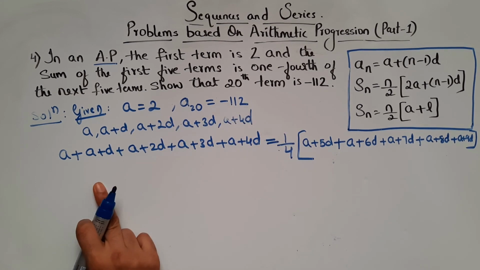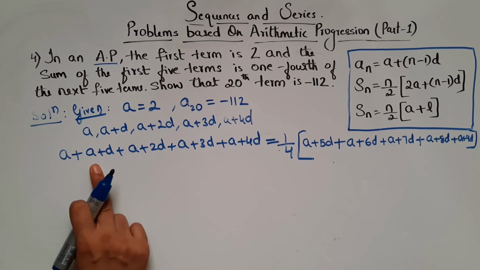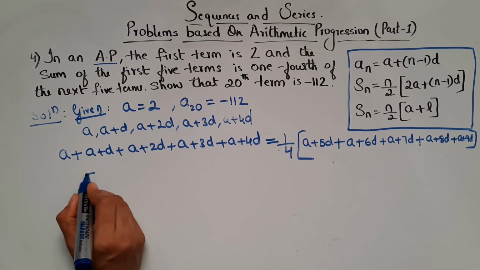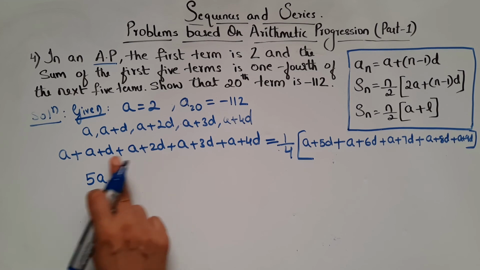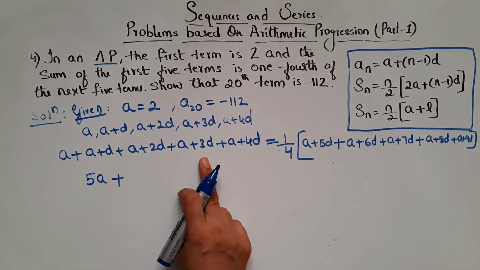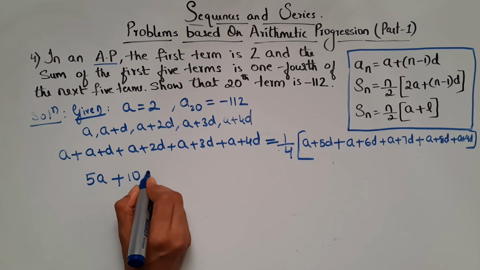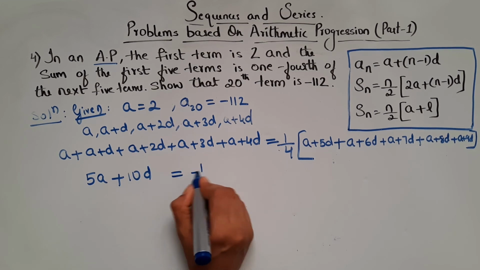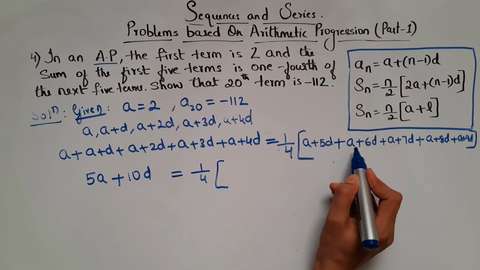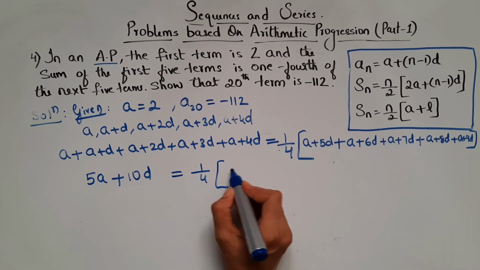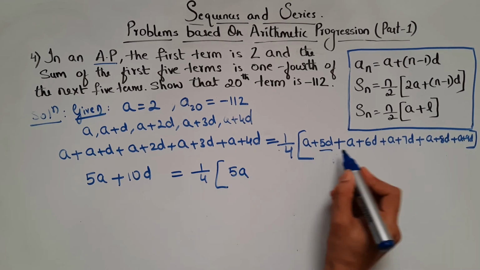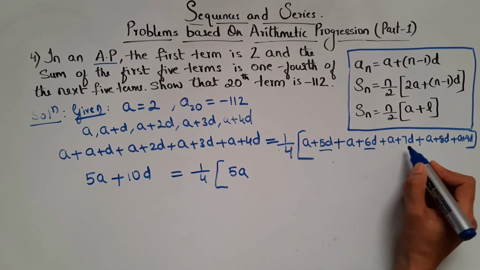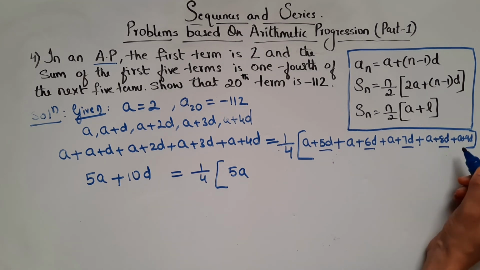So first let's simplify this equation. Here we have a 5 times, 5a, plus 2d, 3d, 4d, that is 10d, which is equal to 1/4 into 5a, plus 5d plus 6d will give you 11d, plus 7d will give you 18d, plus 8d will give you 26d, plus 9d, 35d, right?